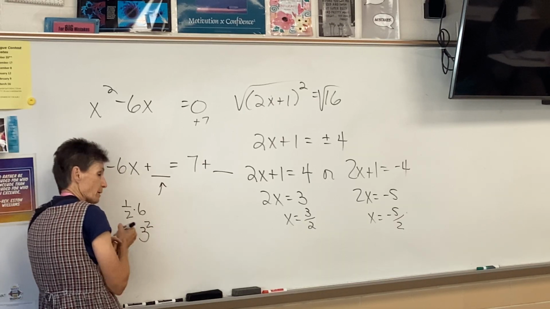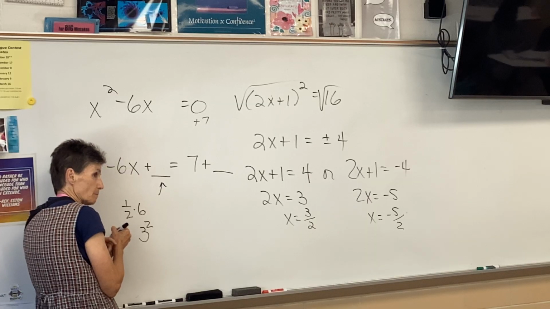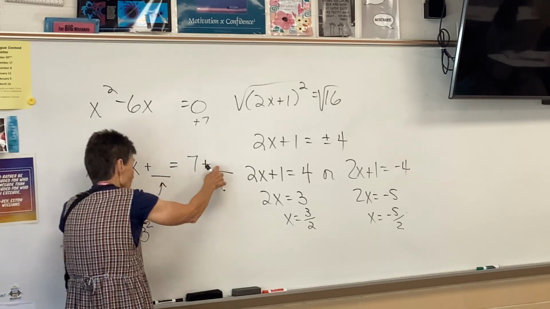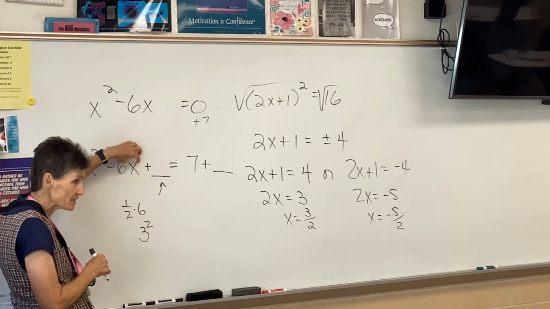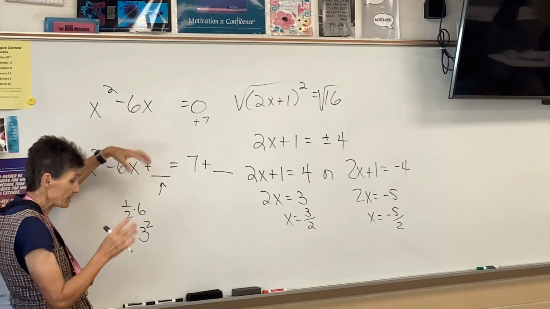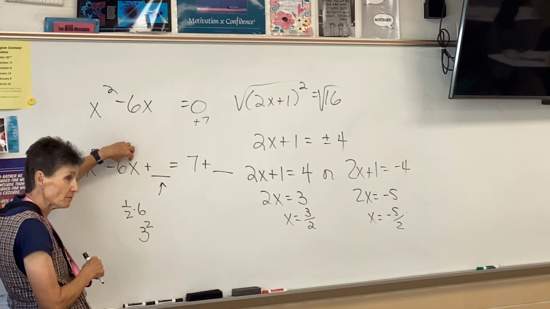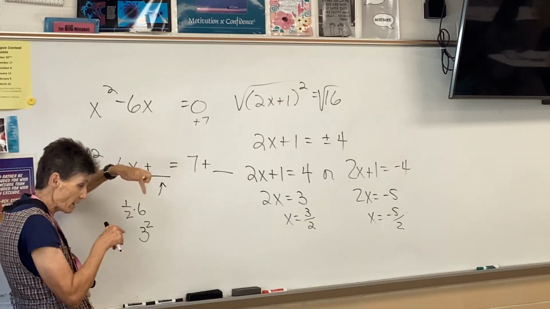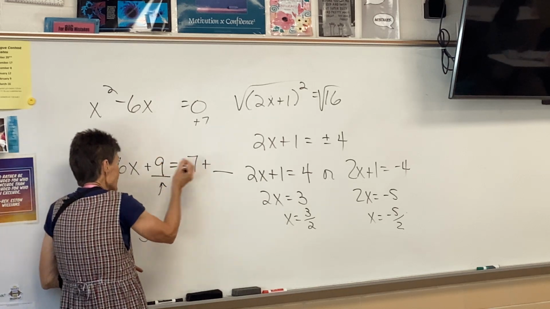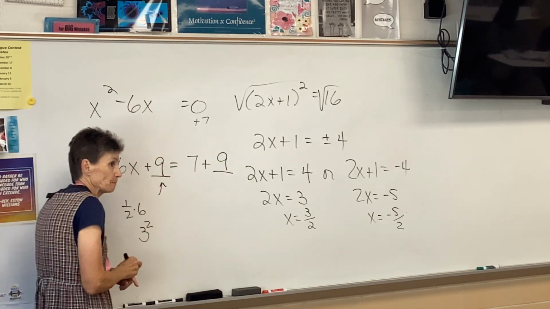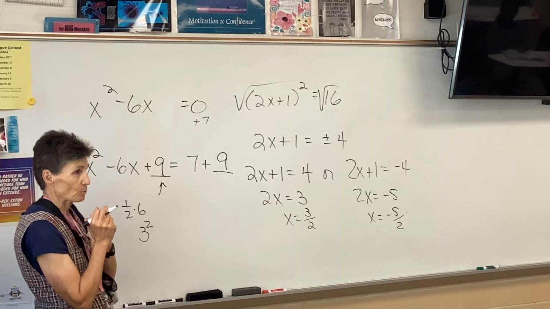And then I square it. So to find the number that you're gonna add to both sides, take half of this one, not the x, just the number, half of this one, square it, and add it. So what am I adding to both sides? 9. 3 squared.